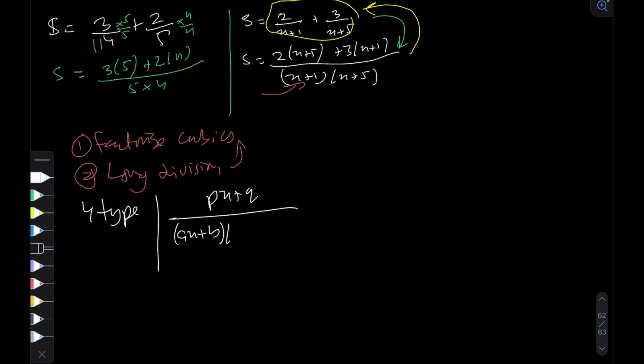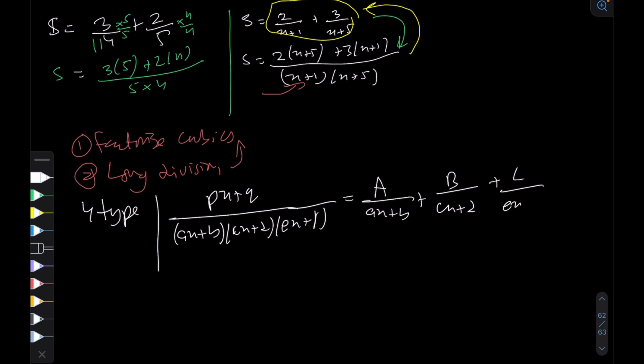So something like ax plus b, cx plus d, ex plus f, or maybe even more. So when we split this, what we really get is some number over one factor, another number over another factor, another number over another factor, and so on.